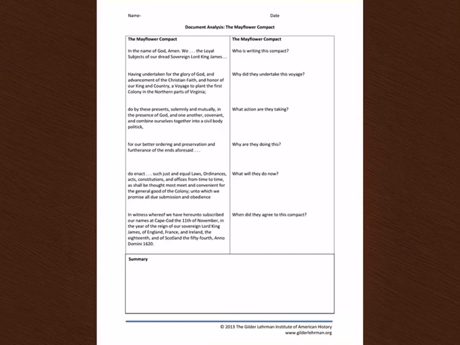We know the Pilgrims, based on your notes, wrote it. King James, all the way in England, wrote this? No, look at: in the name of God, amen, we, the loyal subjects of our dread Lord Sovereign King James.